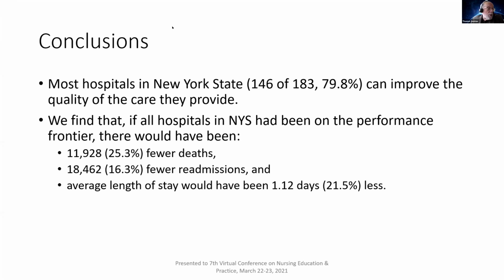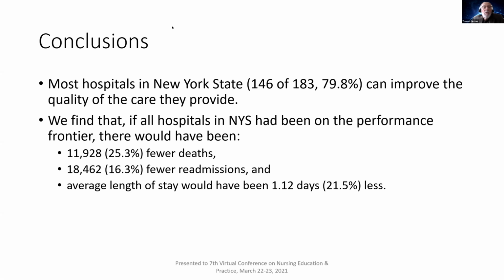We can say, here's what you need to do. We can't tell them how to achieve those targets, but we can tell them that it's possible. And how do we know that? Because other hospitals have done it. And so if you can't, then we need to understand why.